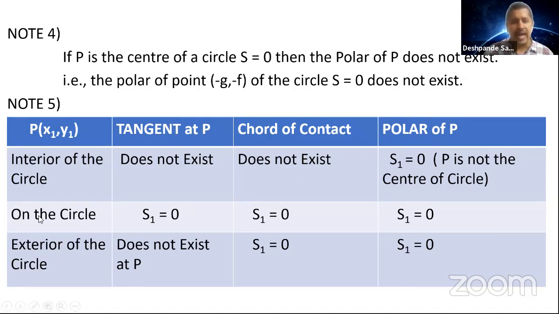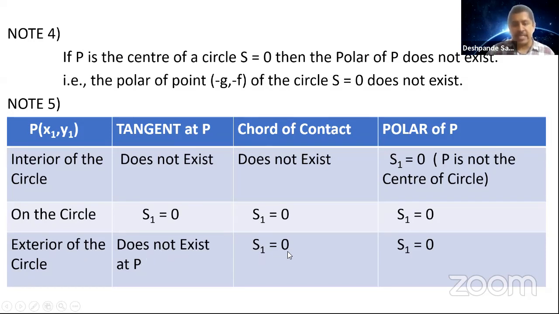Now, when you take the point on the circle, there is no difference between the tangent, chord of contact, and polar. All three are the same, S1 is equal to 0. When you take the point as exterior of the circle, you'll have a pair of tangents, but you'll not get a tangent at P. You can say the tangents pass through P, but the tangent does not exist at P. A very, very important observation you have to make, right?